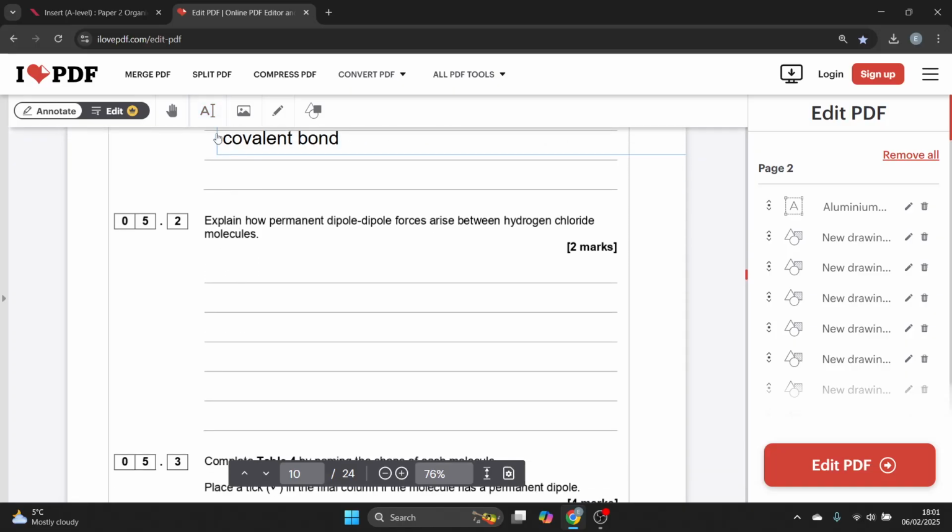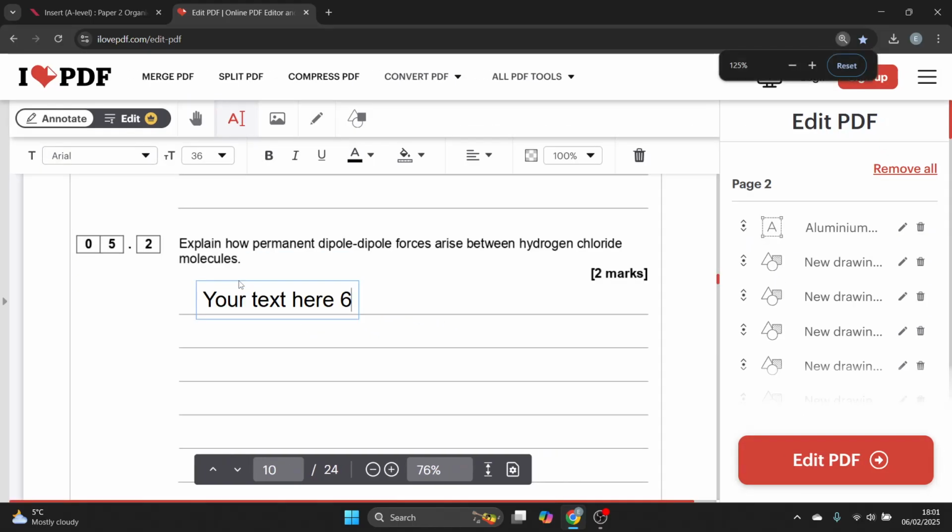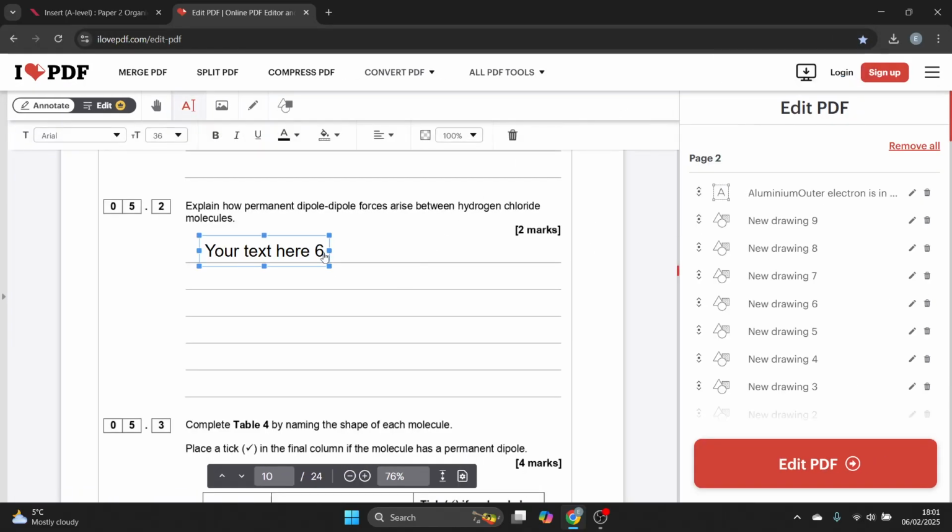Explain how permanent dipole-dipole forces arise between hydrogen chloride molecules. Okay, let's do that. Well, the first thing is the differences in electronegativity leads to bond polarity. The dipoles don't cancel out.